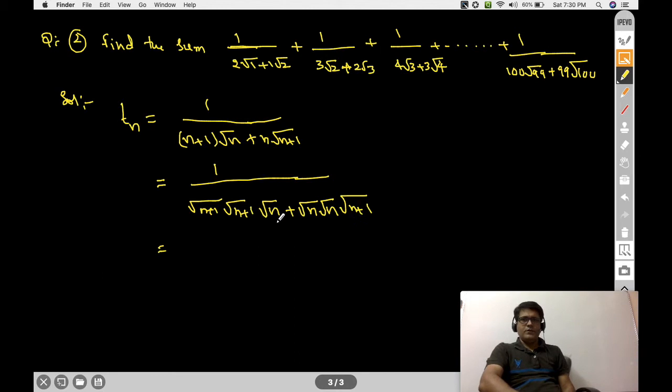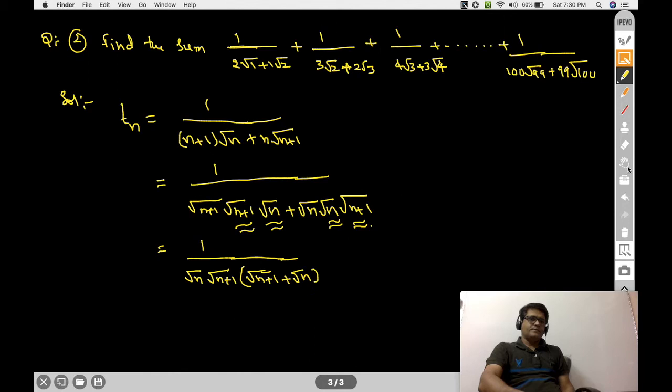Next step, you take out root n plus 1 common, outside, then what you get is root n into root n plus 1 times, inside you remain with root n plus 1 plus root n. This is my first step.